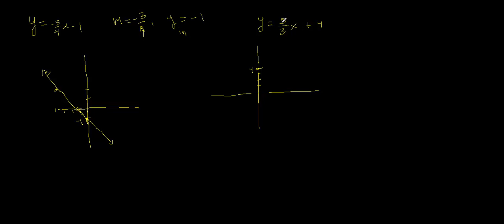And then this one is both positive. Again, we can go up 5 and right 3, or we can go down 5 and left 3. Either way, we still get a correct answer. It doesn't really matter. It's your choice, provided you are consistent.